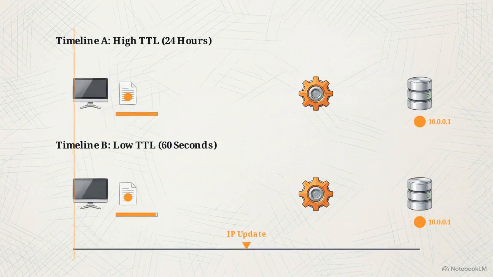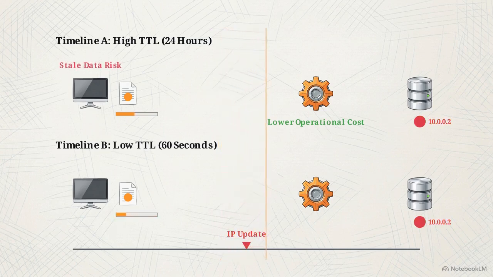A high TTL, such as 24 hours, reduces the number of queries reaching Route 53 and lowers costs. However, if you update the record, clients may continue using stale IP addresses for a full day. A low TTL, such as 60 seconds, ensures that infrastructure changes propagate globally in 1 minute.